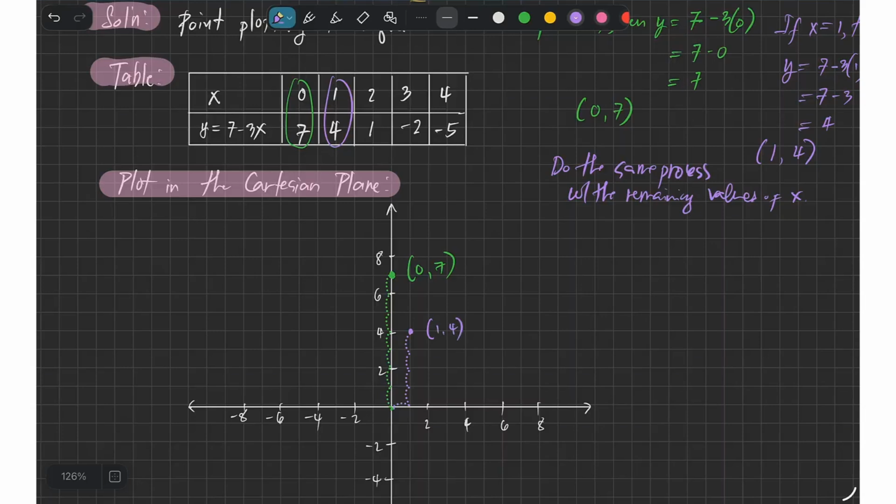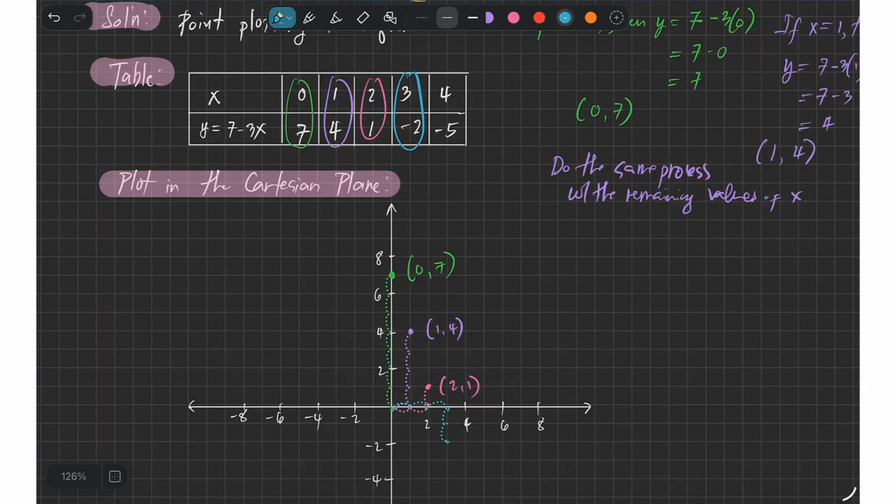The next one here is 2, 1. Okay, x will move 2 units, 1, 2, and then 1 unit upward. So this is the next one, 2, 1. The next value here is 3, negative 2. So 3 units po papunta sa kanan at 1, 2, 3. Then 2 units pababa, 1, 2.